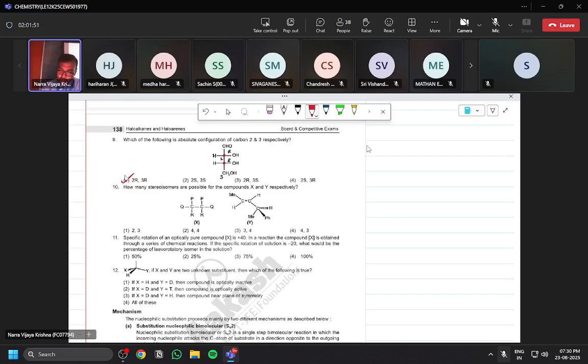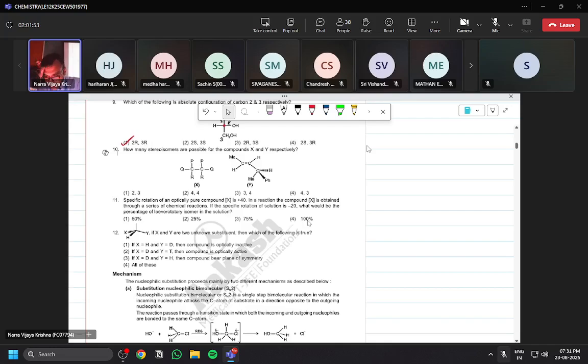Next. How many stereoisomers are possible for compounds X and Y, respectively? Can I say it is meso? Okay. It has 2 chiral carbons, right? 2 chiral carbons and it is even in number.